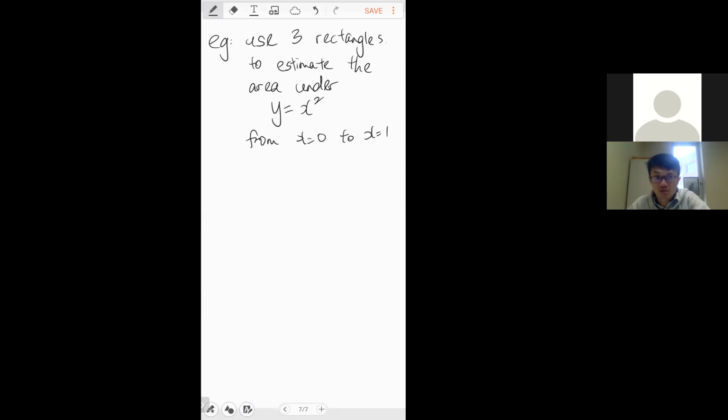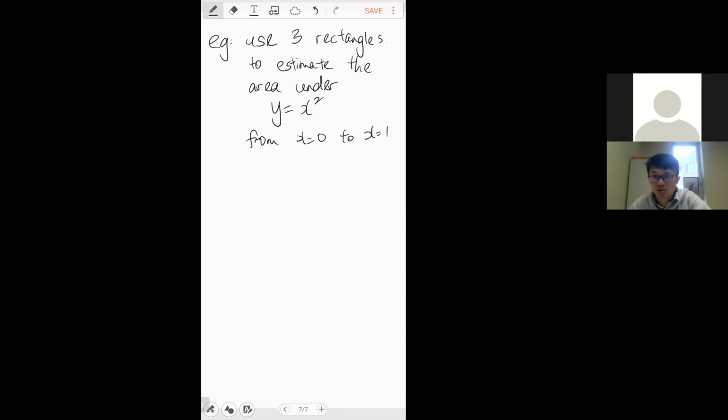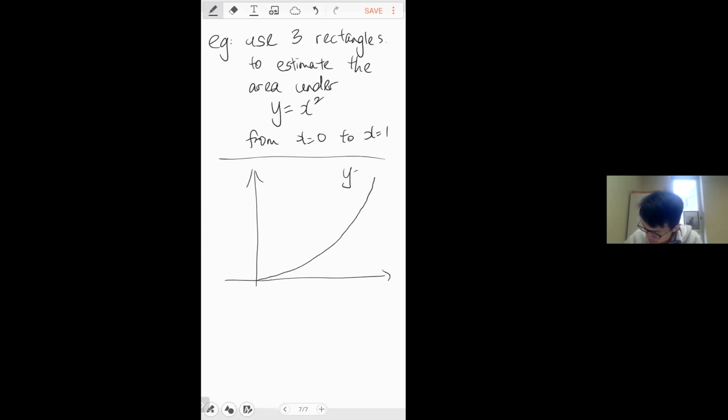Okay, y equals x squared looks like this. And I'm focusing on the interval from 0 to 1.